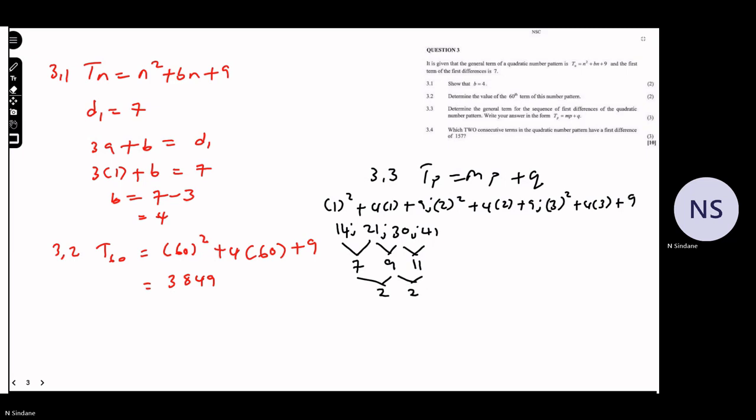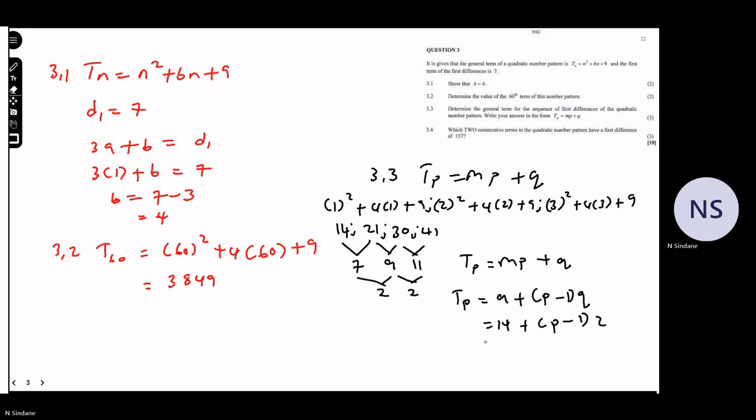And then remember, this is linear, so Tp equals mp plus q, but it comes from this: Tp equals the first term a, plus p minus 1 times the difference. The first term in this case is 14, plus p minus 1, and then our difference is 2.